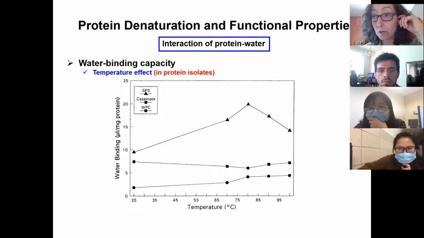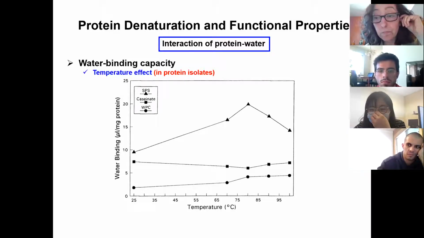The globular structures are less stable, right? You got the right kind of idea about the structure, globular versus open structure. Probably because of interaction between different residues. When we increase the temperature, the structure unfolds, so we have higher water binding, but only up to a specific point.